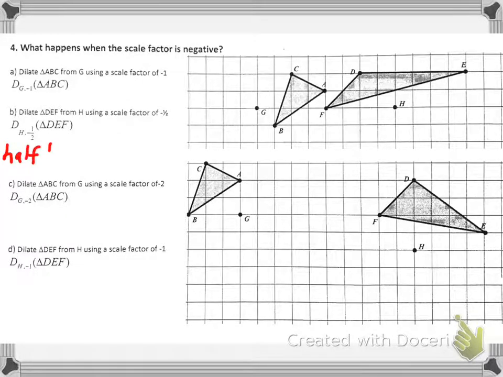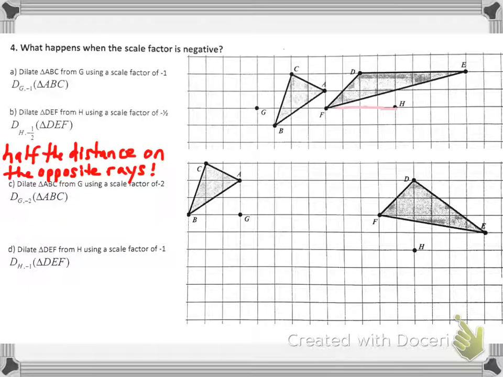And now we're over on example 4. I'm showing you B. Now it's going to be half the distance, but guess what? Remember when it was a negative scale factor? It just means you go to the opposite side of where that center of dilation point was, so it's on opposite rays. It's the same as rotating this 180 degrees and then also with a reduction in size.